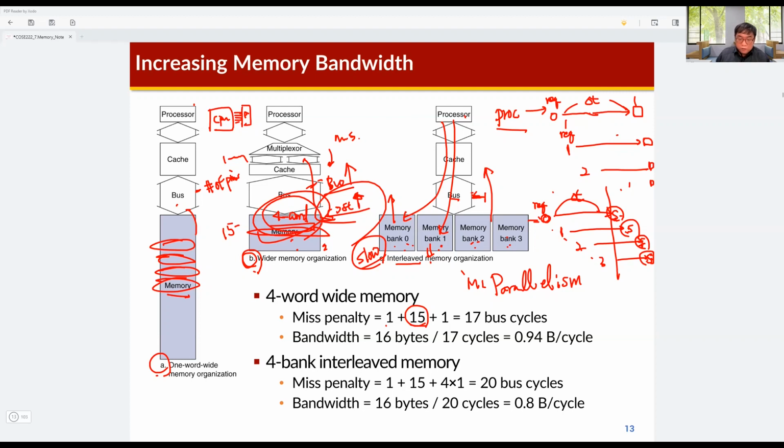For this miss event it will take 17 bus cycles, but the size of the transferred data is 16 bytes. So the bandwidth for this case is 16 bytes divided by 17 cycles. So it's the number of cycles, and this is the size of data. This bandwidth is about 0.94 bytes per cycle.